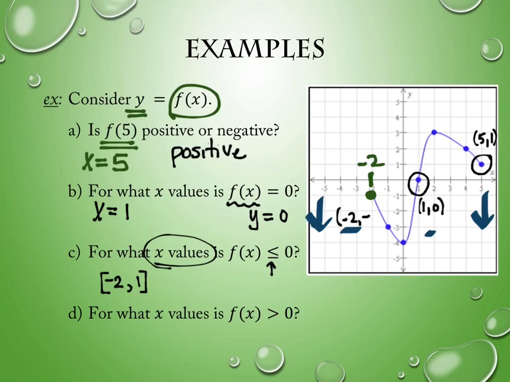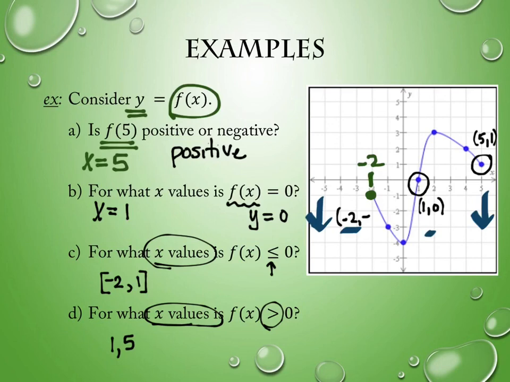But again, it wants to know the x values, not the ordered pairs, right? So at what x value does it start? 1. And at what x value does it end? 5. Now at 1, we're actually on the x-axis, right? So at 1, the y value is 0, but this says that I need to be greater than 0, yeah?